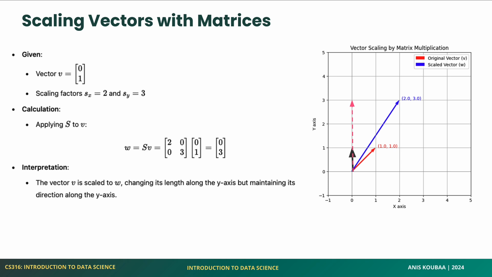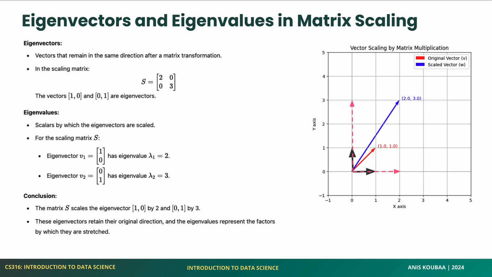Okay? So eigenvalues and eigenvectors are special vectors and values that are rotation invariant. This means that the multiplication by the matrix doesn't change the angle of the vector. So they are special vectors and special values extracted from the matrix itself.